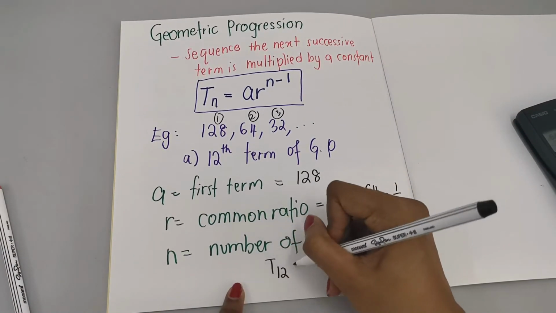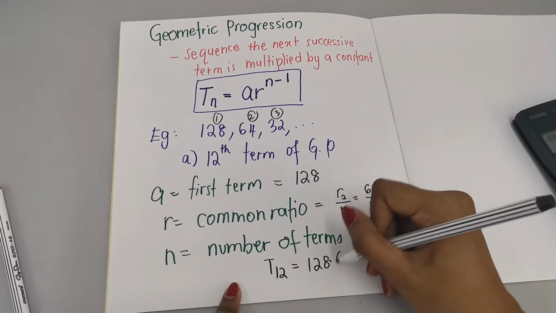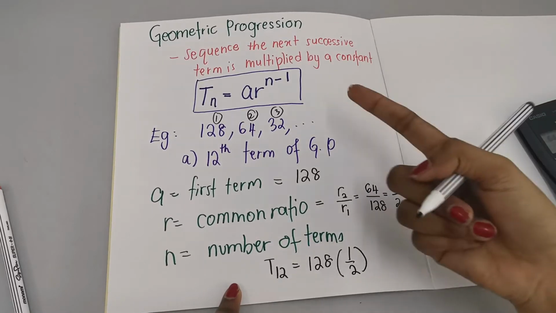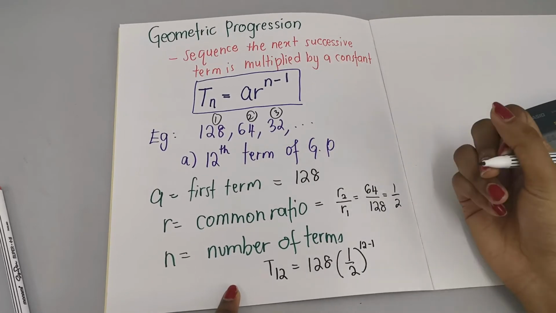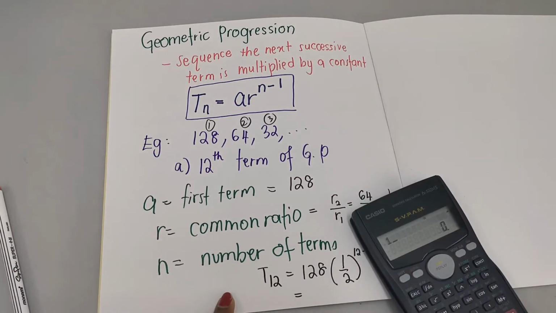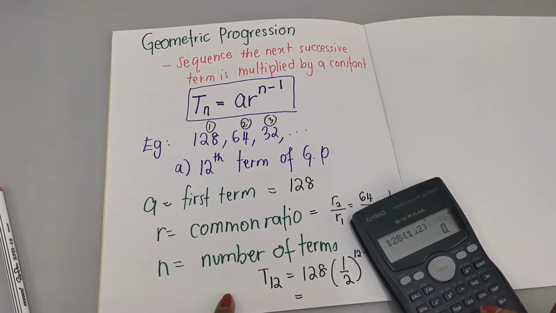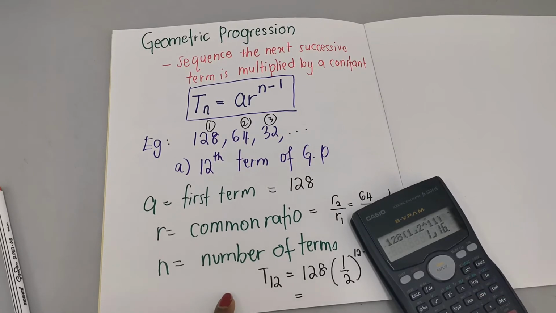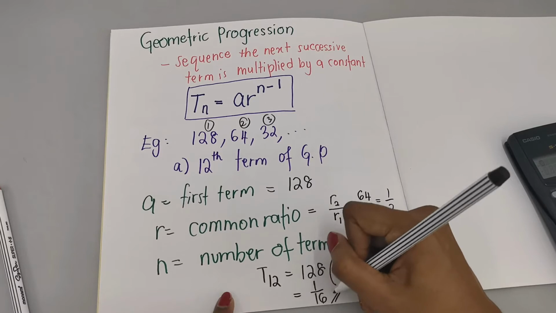So T12 equals A, 128, times R, which is 1 over 2, to the power of n minus 1. n is 12, 12 minus 1 is 11. So here we can key in our calculator 128 times 1 over 2 to the power of 11. So you obtain 1 over 16. So the final answer is 1 over 16.